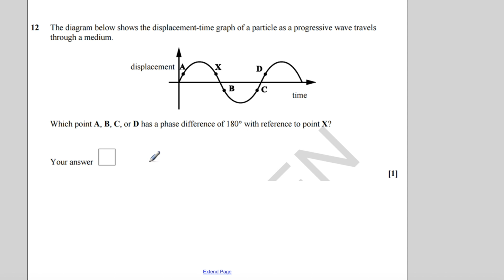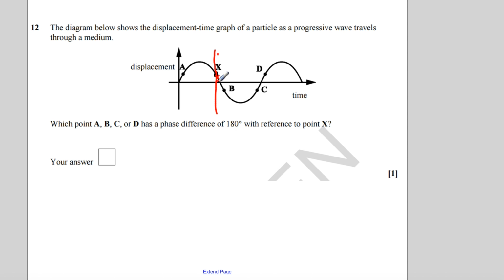Question 12 shows the displacement time graph for a particle as a progressive wave moves through a medium. And we're being asked, at what point is there a phase difference of 180 degrees? So we're looking at this point and we're looking for a phase difference of 180 degrees. 180 degrees away is half a wavelength. Let's draw a line here to indicate where this wave is starting.